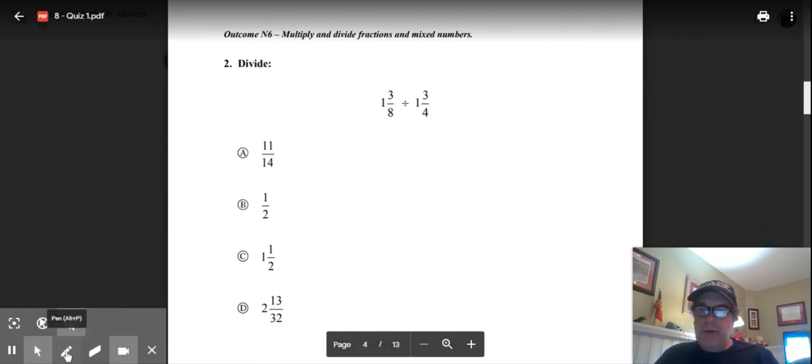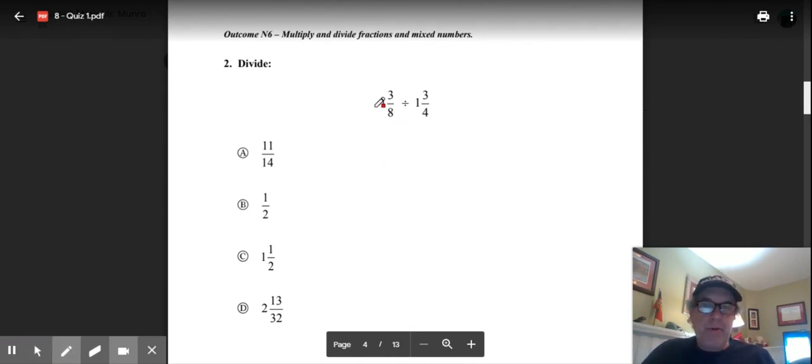On to the next question. In this one, we're going to be dividing fractions. The first step in dividing fractions is to remember to turn mixed numbers into improper fractions. So 8 times 1, 8 plus 3 is 11. Keep your divided by sign for one more step. 4 times 1, 4 plus 3 is 7 over 4.